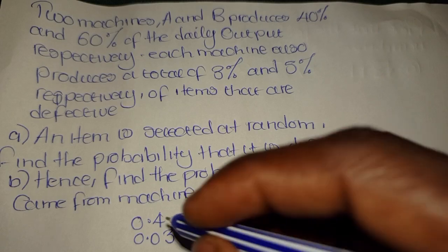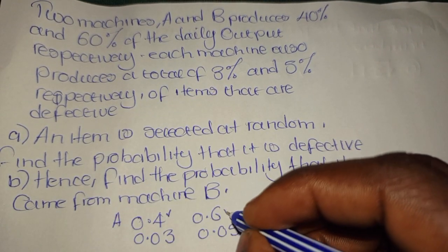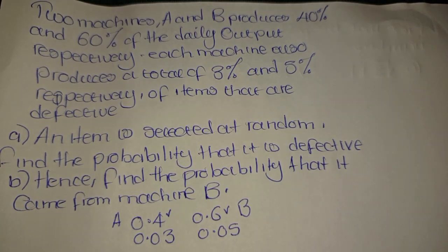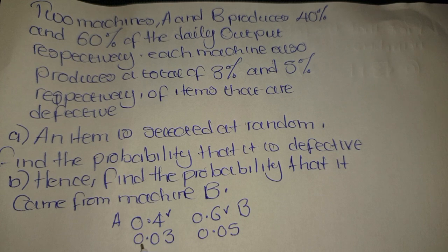So this is the daily output machine A produces, and this is simply the daily output machine B produces. They have told you that machine A produces 0.03 items which are defective, and machine B produces items which are 0.05 defective.